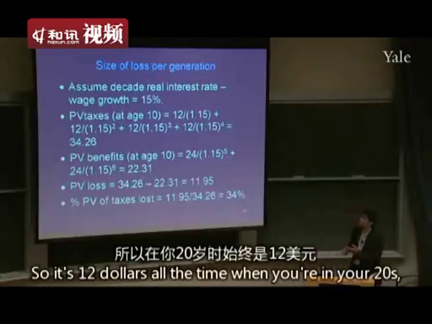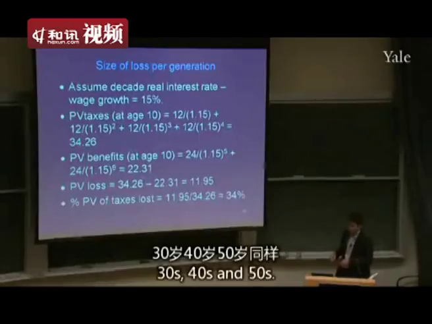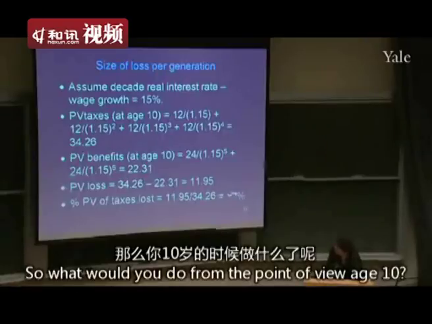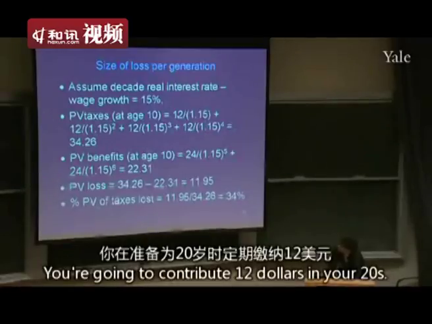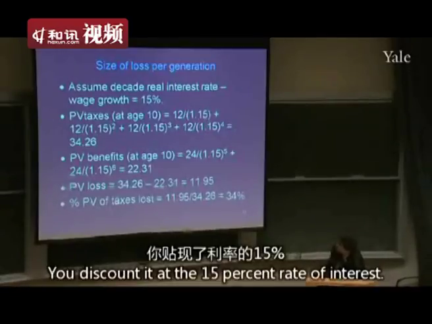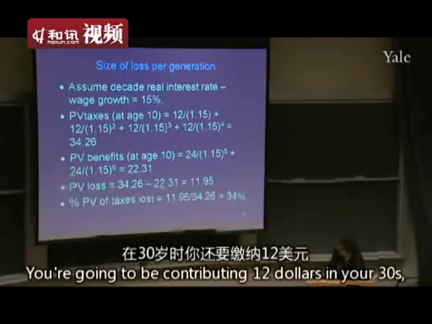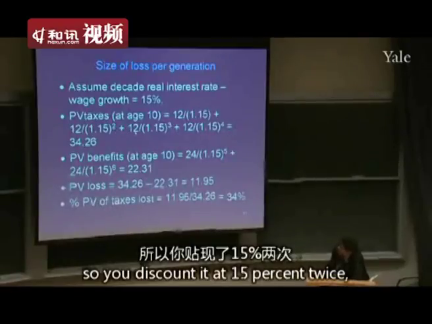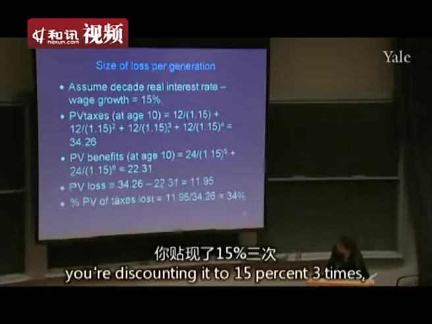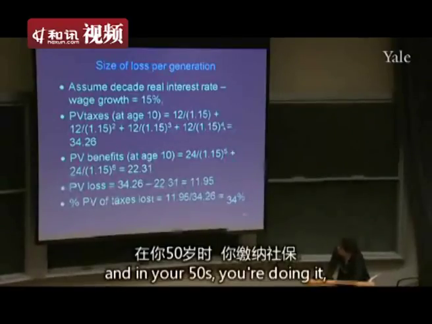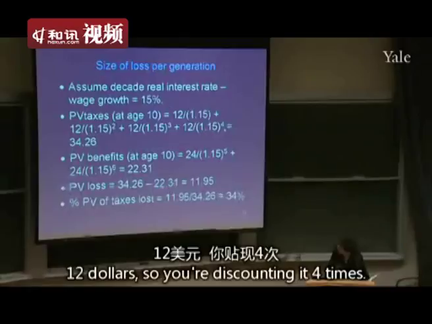So from the point of view of age 10, that's 10 years before your 20s, you're going to contribute $12 in your 20s, you discount it at the 15% rate of interest. You're contributing $12 in your 30s, so you discount it at 15% twice. In your 40s, you're giving up $12, discounting it at 15% three times, and in your 50s, you're doing $12, discounting it four times.